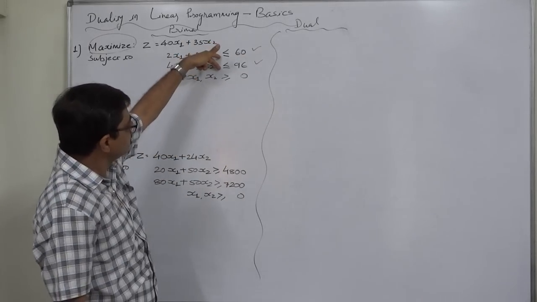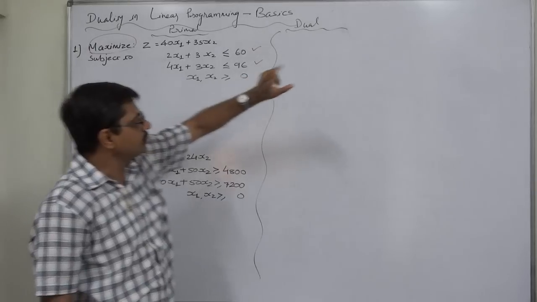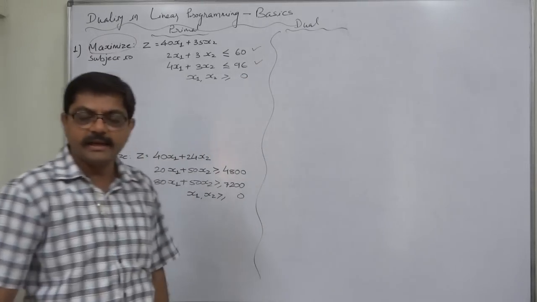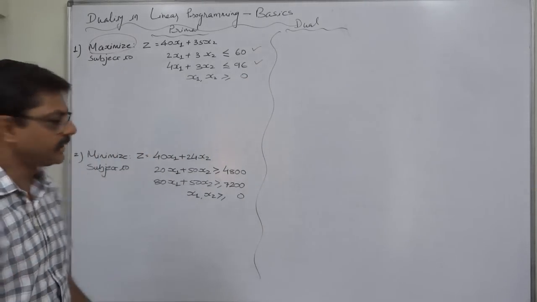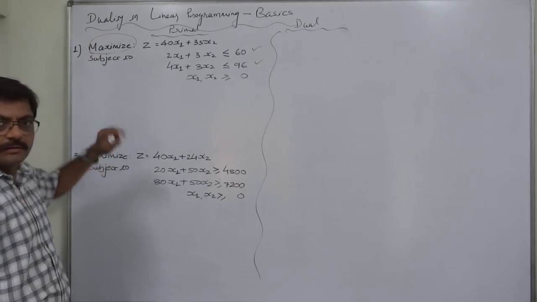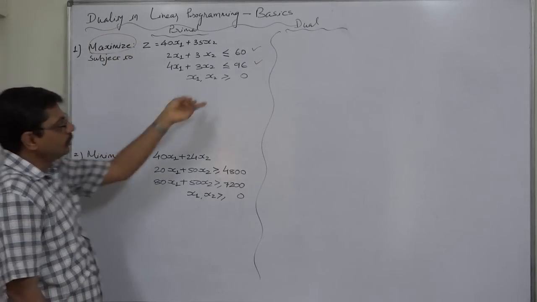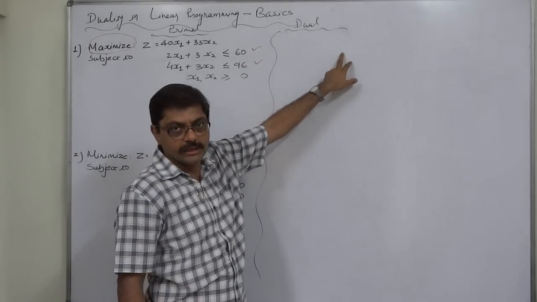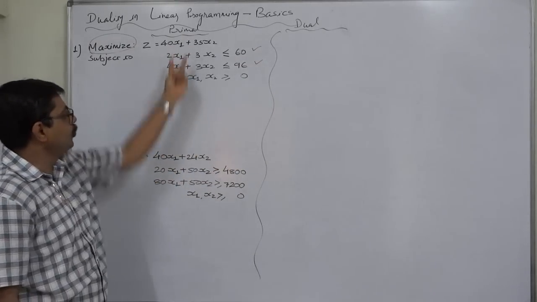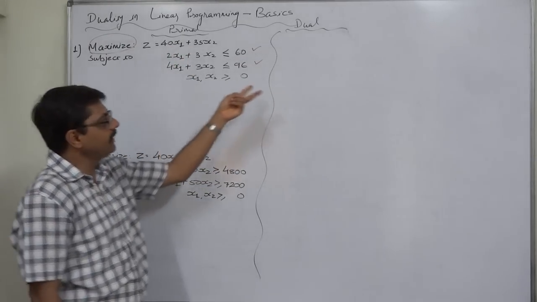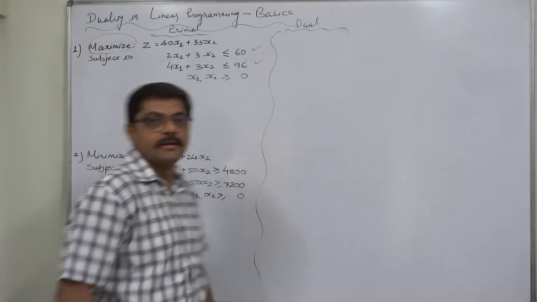Signs are less than or equal to in the primal, so signs will be greater than or equal to in the dual. That is a very simple thing. But another two things: there are two constraints in the primal, so there will be two variables in the dual. And there are two variables in the primal, so there will be two constraints in the dual.